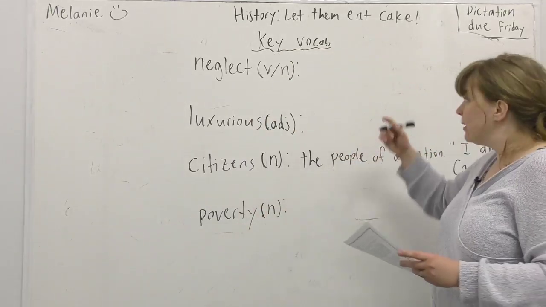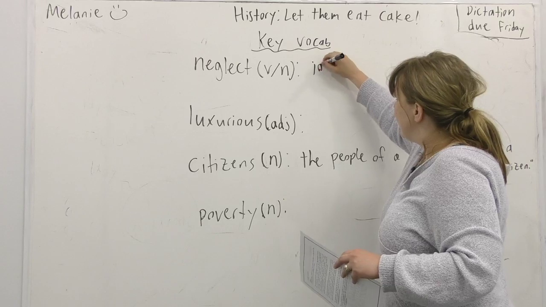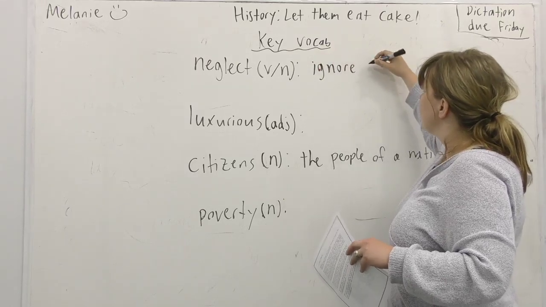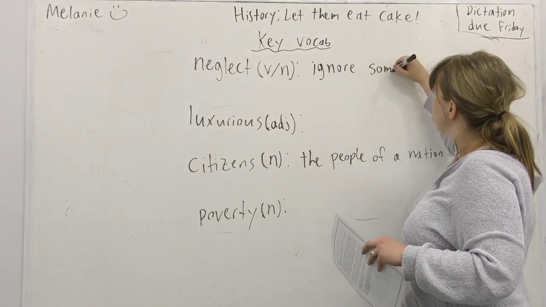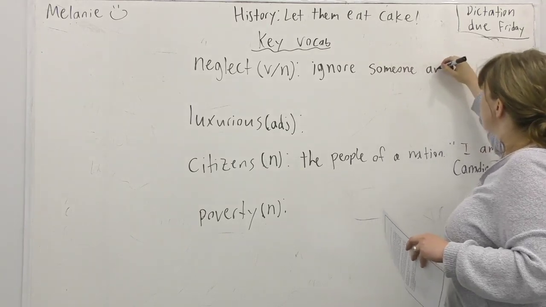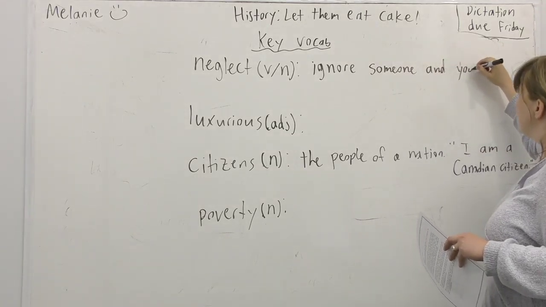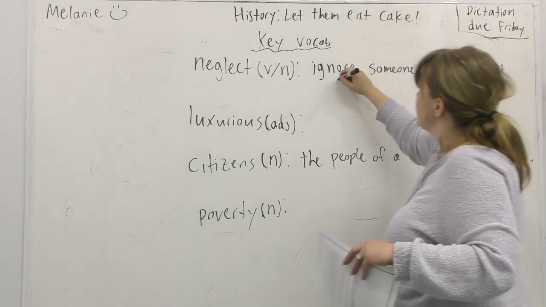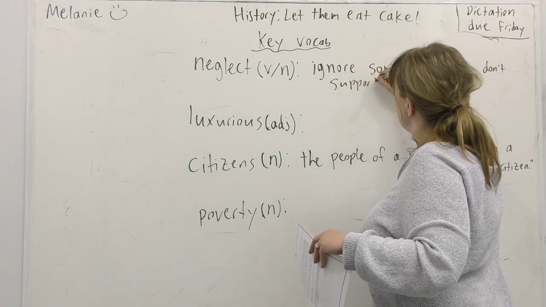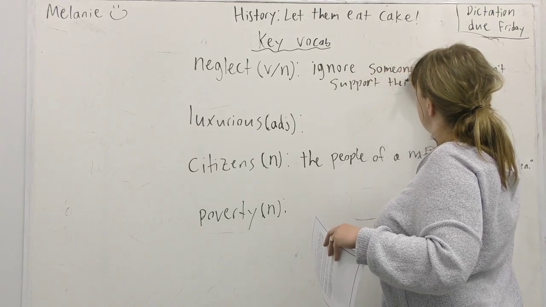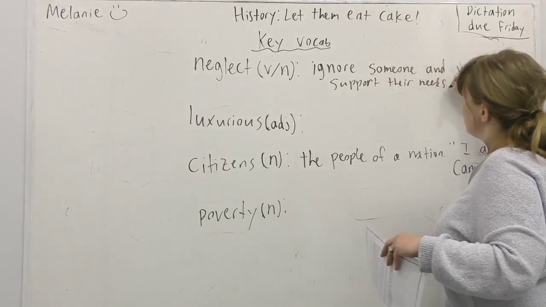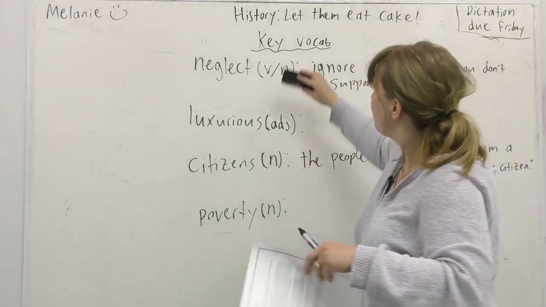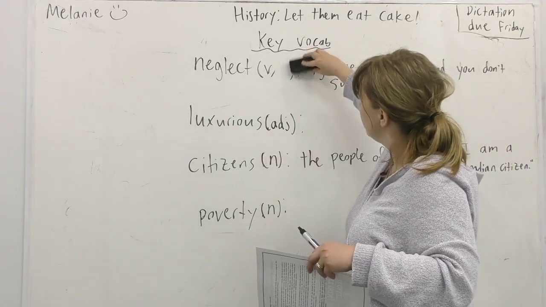Neglect is basically when you ignore someone and you don't support them with their needs. You don't support their needs. So I guess this is the verb form, so we'll just make this a verb.